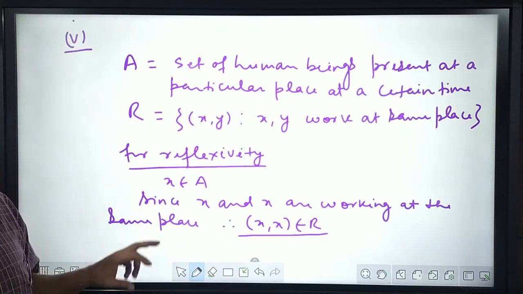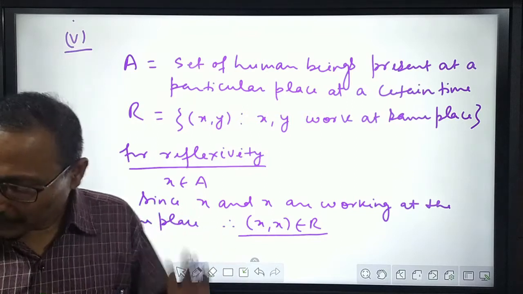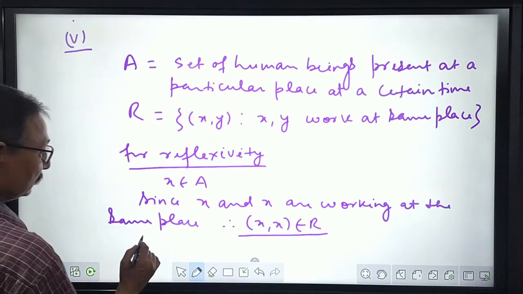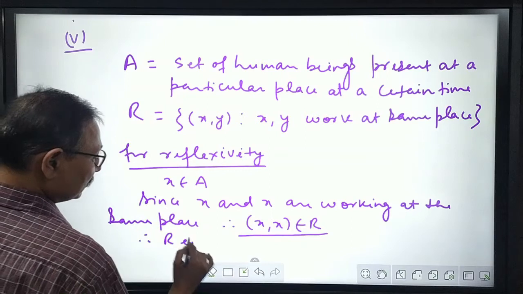So we conclude that x comma x is a member of R. Therefore R is reflexive.